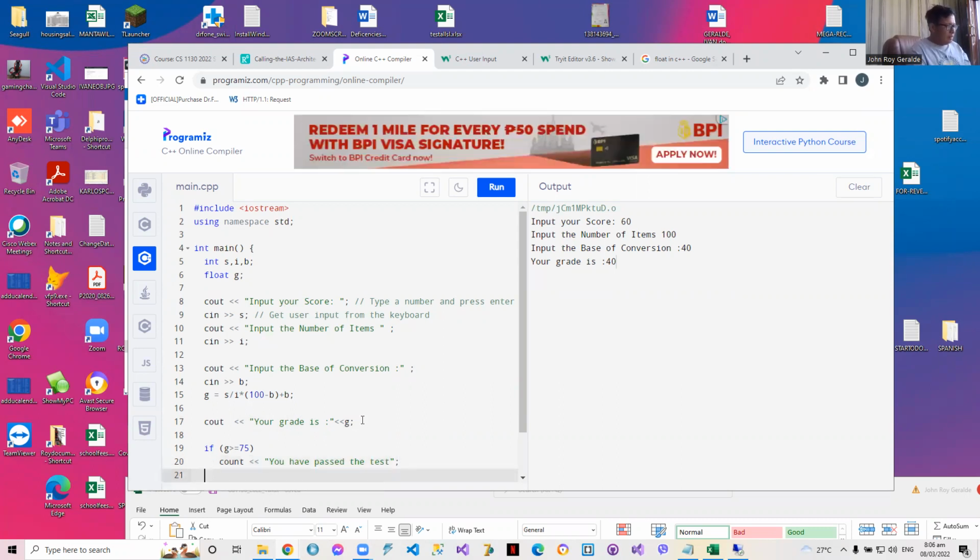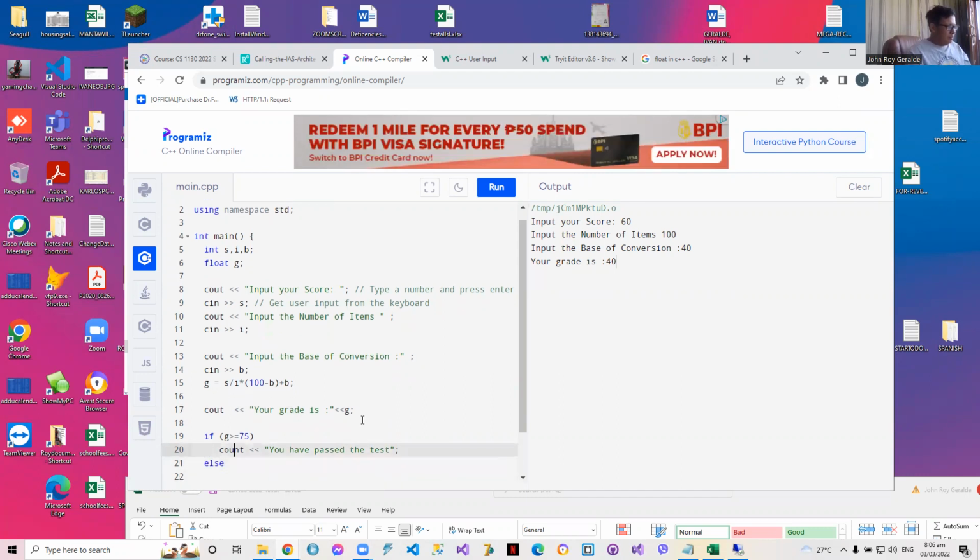Else, tama ba ito? May semicolon ba? Cout. Try again. Next. Okay.